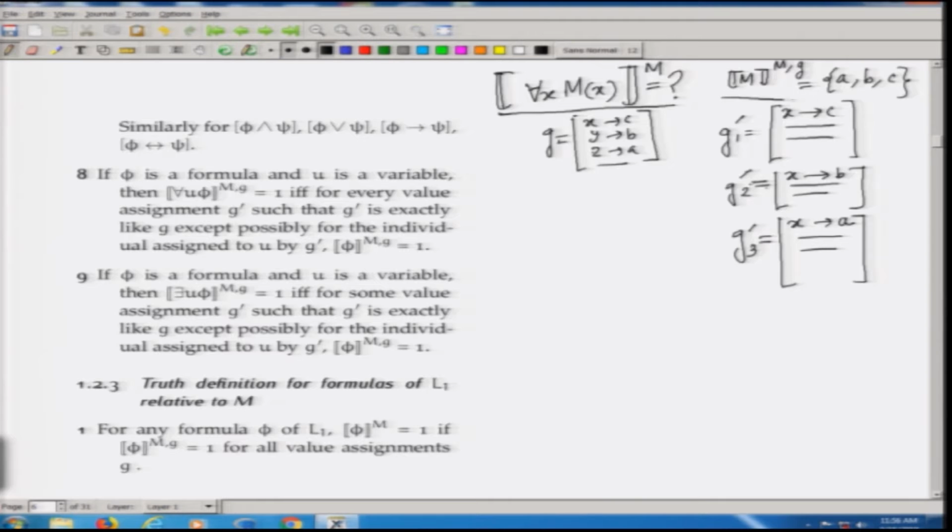We know the structure of M with respect to the model M and G, that is, all the three individuals A and B and C do belong to the denotation of M, and we checked that for G, because all three value assignments G prime 1, which is basically G, and G prime 2 and G prime 3, all of them make this Mx, with respect to all of them, this was 1. That is why we decided that this also must be 1.